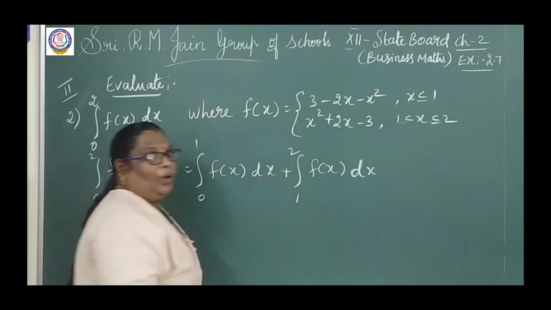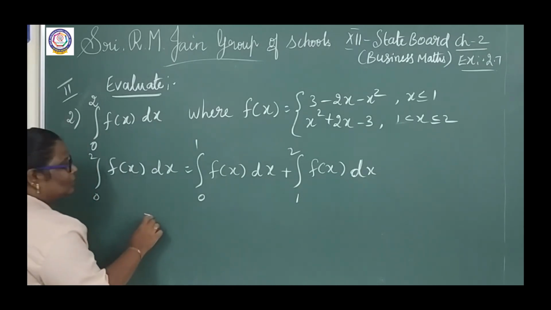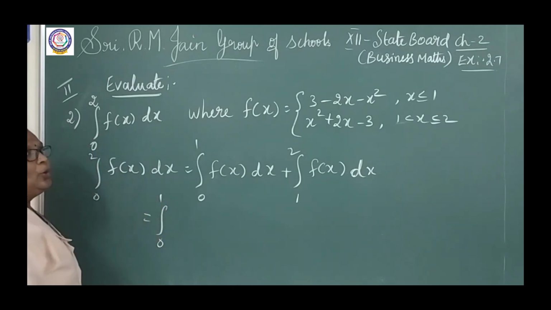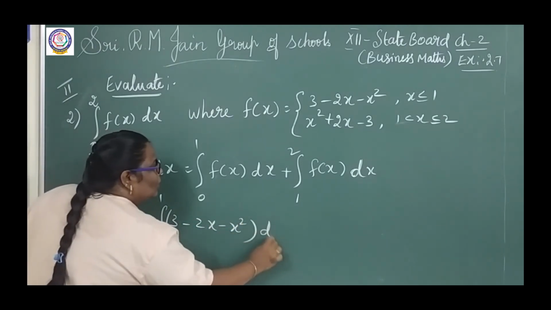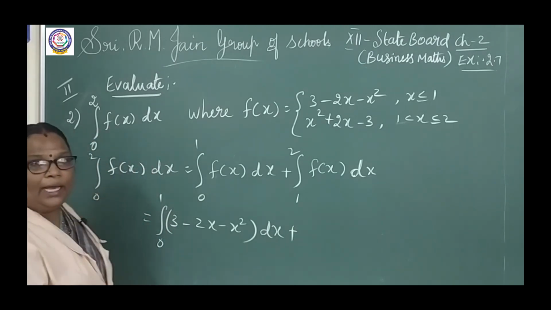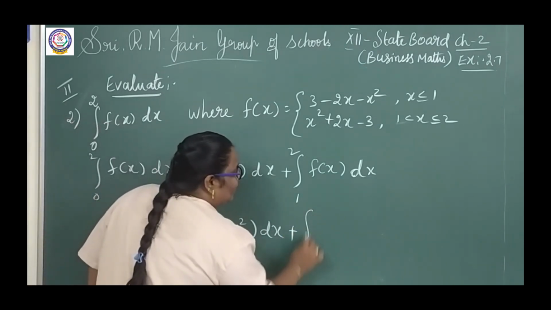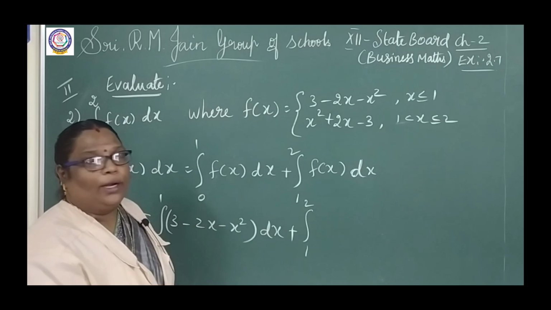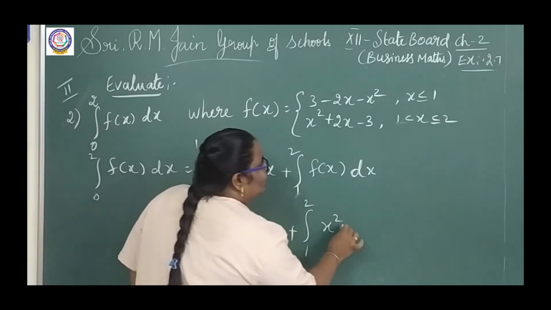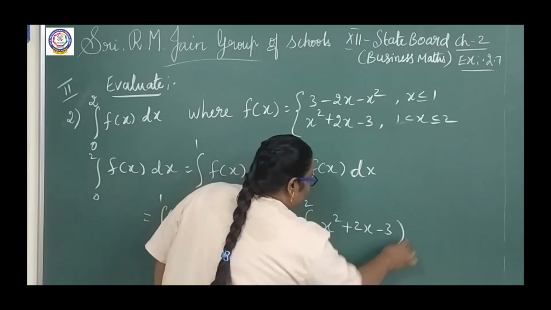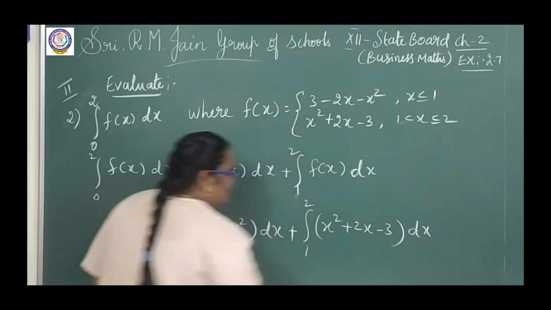For 0 to 1, what is the f of x value? 3 minus 2x minus x square into dx, plus integral 1 to 2 of x square plus 2x minus 3 into dx.